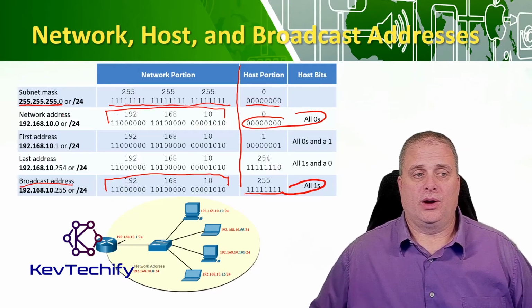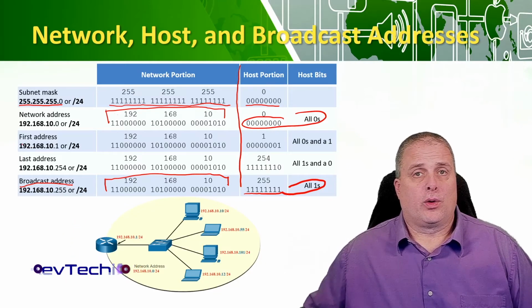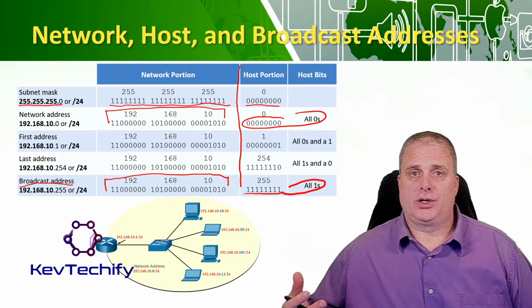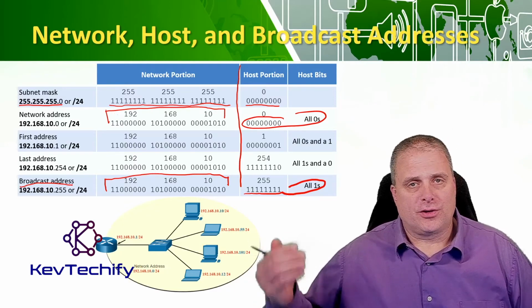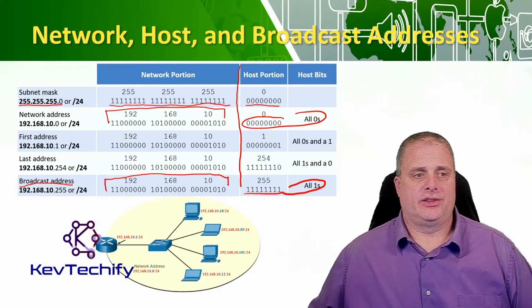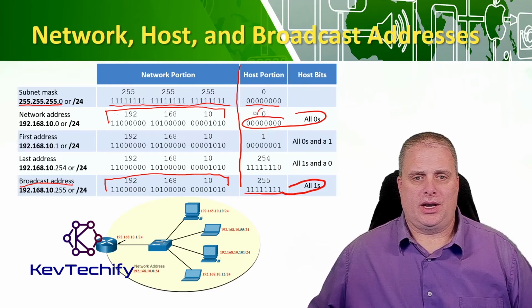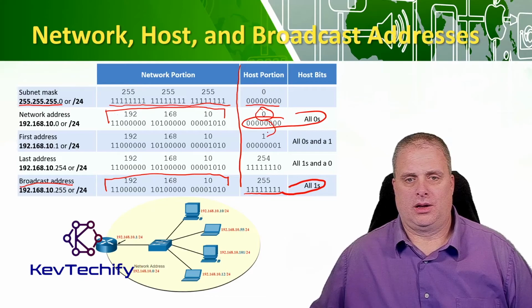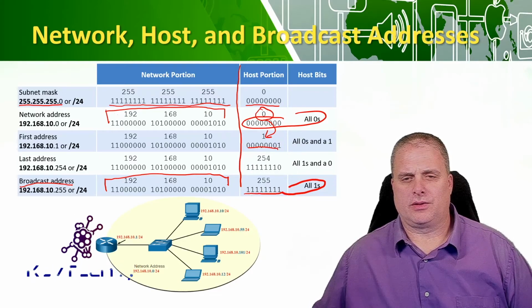And then once we have our network address and our broadcast address, what we can do is we can find our range of usable addresses. Our range goes from the lowest usable address to the highest usable address. To find the first address, that lowest IP address you can assign to the device, you take your network address, and the host portion right here is a 0, and you just add 1 to it, which, like the chart shows us, is all zeros with a 1 at the end.